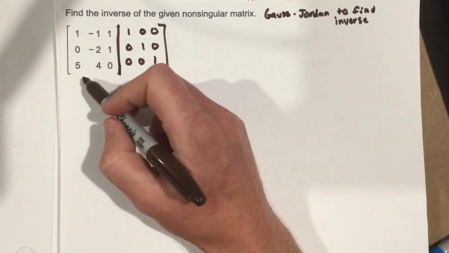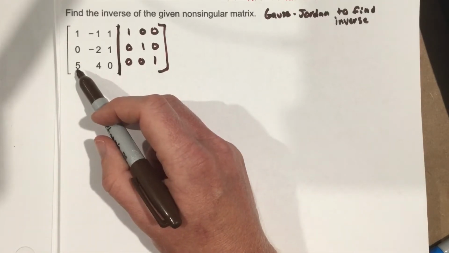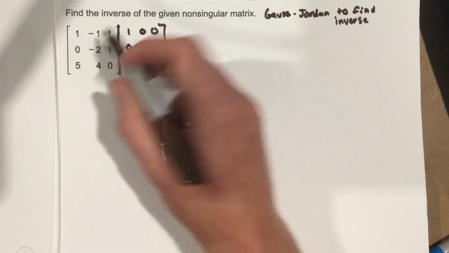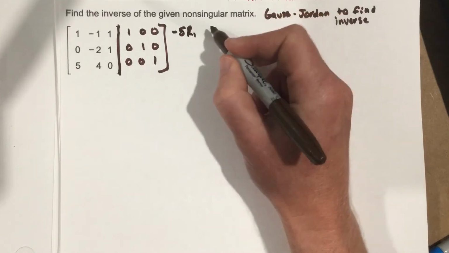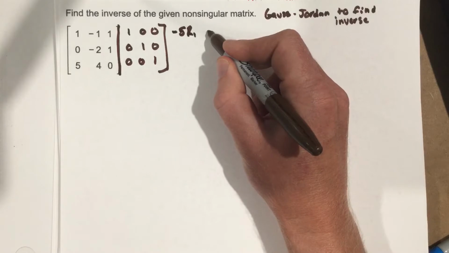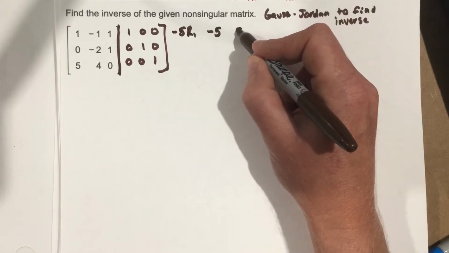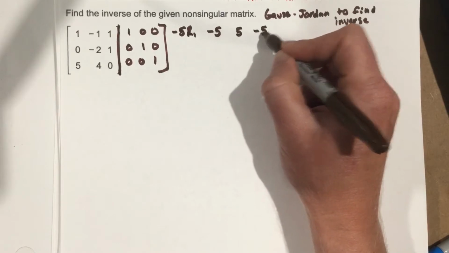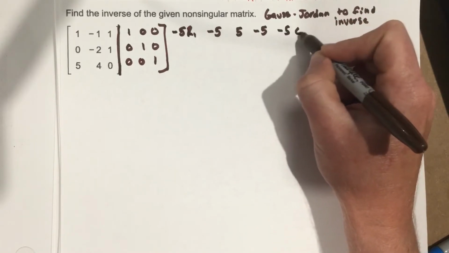And I think we'll start by multiplying. Let's multiply the top equation by -5. So -5 R1. And that's going to give you -5, 5, -5, -5, 0, 0.